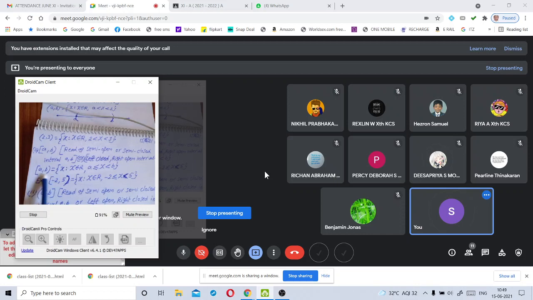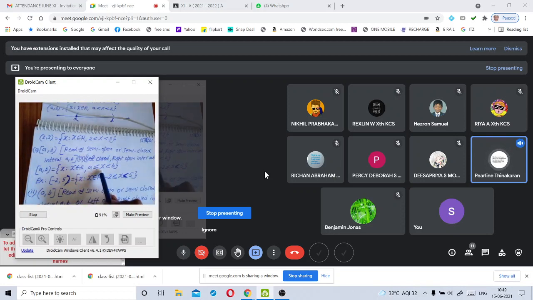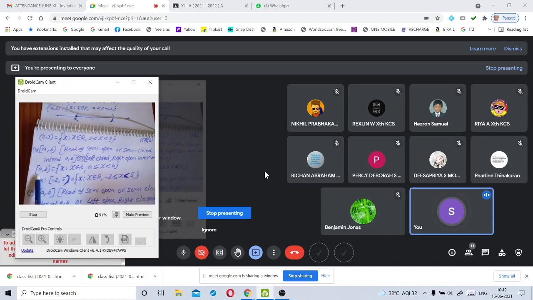Pierre, read this line. Left closed, right open interval, set of all x such that x belongs to R, comma, A is less than or equal to x less than B. Very good, my dear Pierre. Benjamin, read this line.